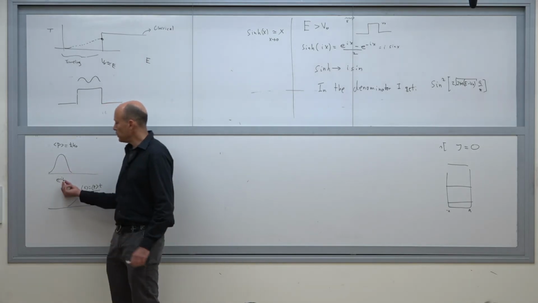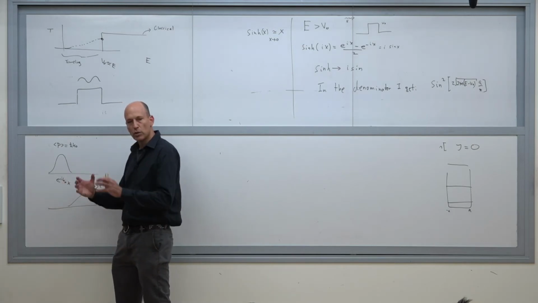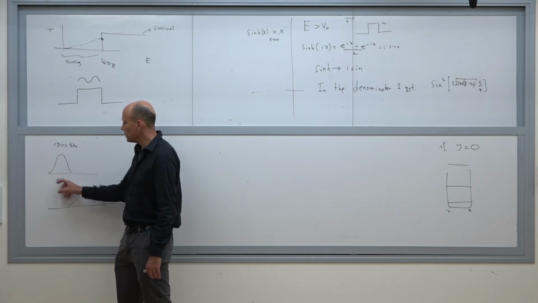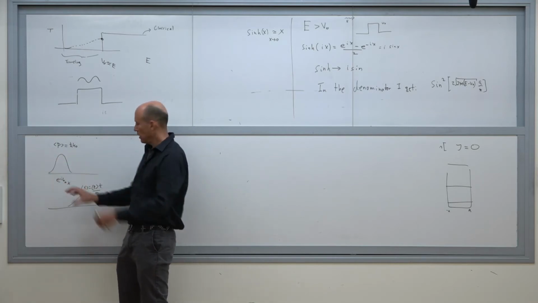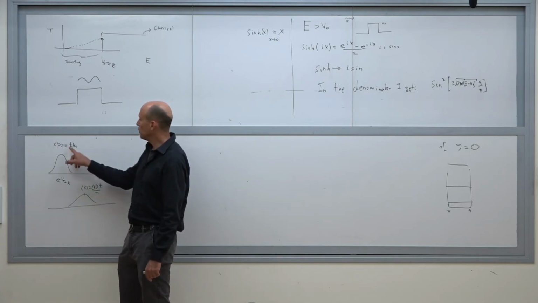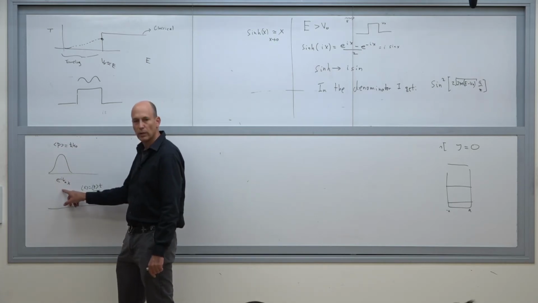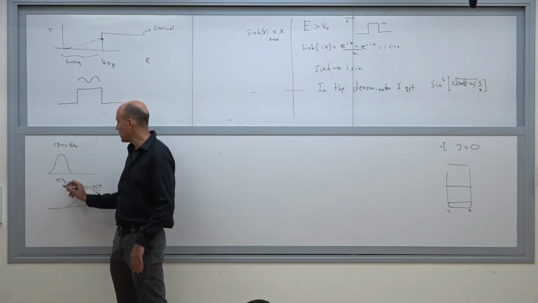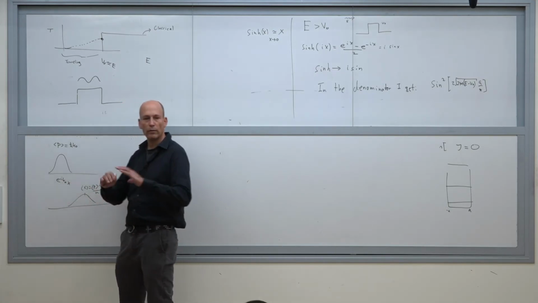Now, if you have a Gaussian packet, the main wave component is k0. So this packet is moving in the average sense with this k0, in this direction.